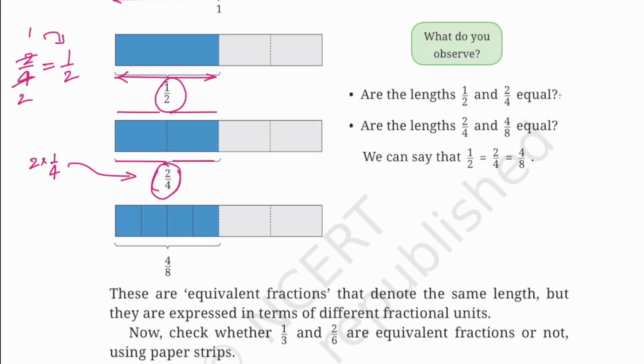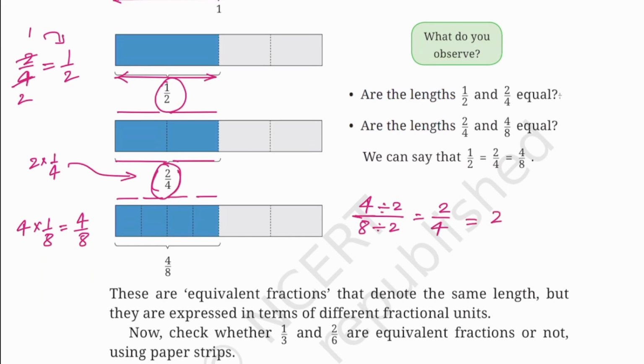Similarly, 1 upon 8, 1 upon 8, 1 upon 8, 4 times 1 upon 8. That is 4 upon 8. If you divide numerator and denominator of 4 upon 8 by 2, you will get 2 upon 4.